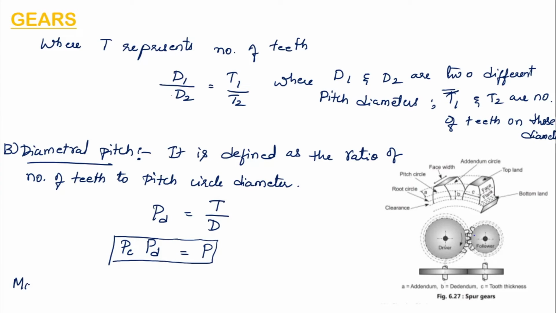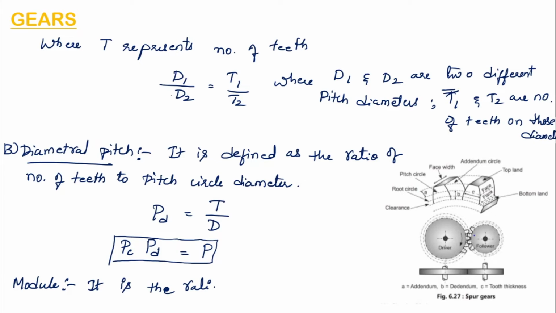Then there is module. So what is the module of a gear? It is the ratio of pitch circle diameter in mm to the number of teeth. You will have to remember this formula for solving the problems.